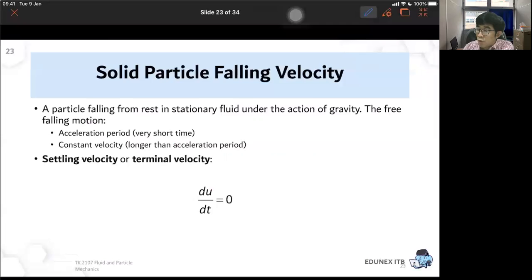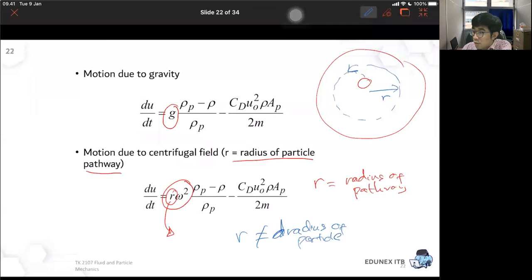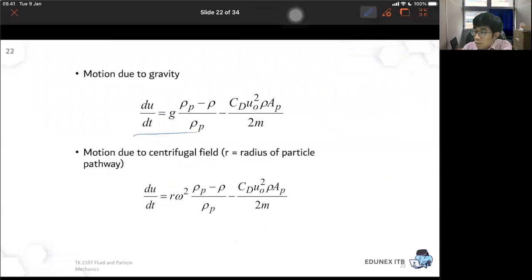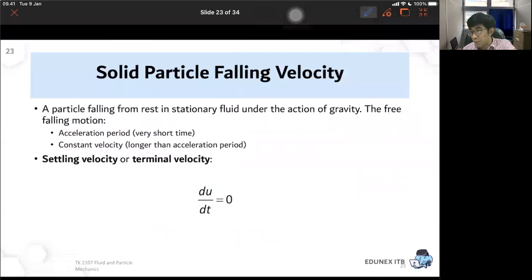Okay, now you have this equation. This equation basically shows how much the velocity will change over time. When the particles are falling, this is due to gravity, right?